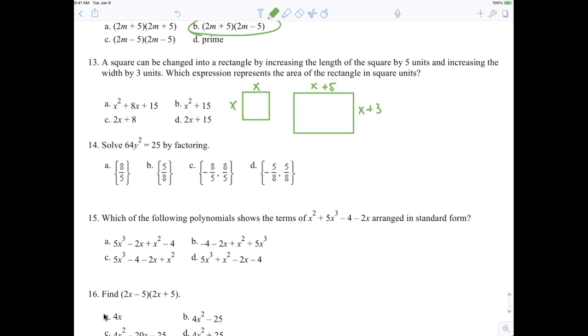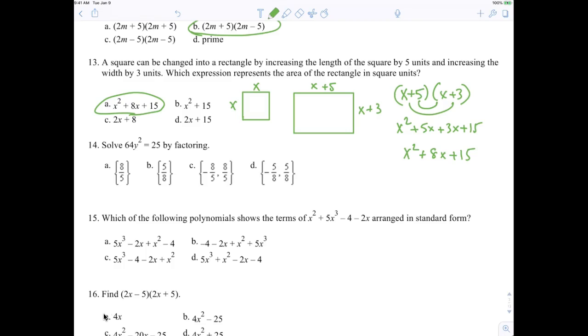The area of the new rectangle would just be x plus 5 times x plus 3, and then you multiply that out. When you multiply that out, x squared, middle term plus 5x plus 3x, plus 15. So your final answer, x squared plus 8x plus 15. Right? Everybody good with number 13?